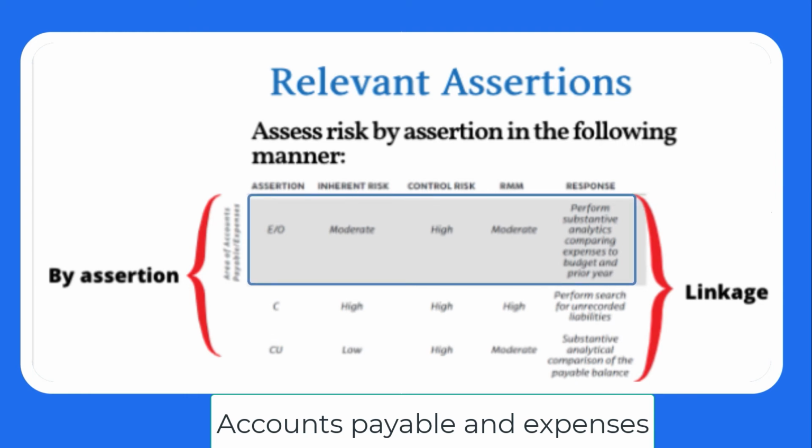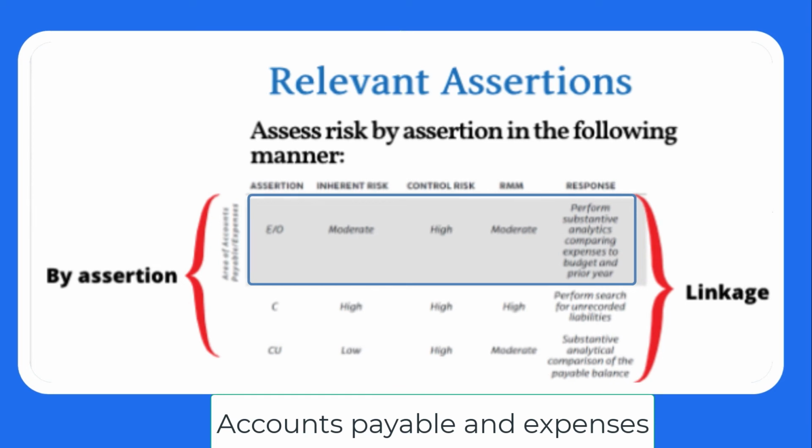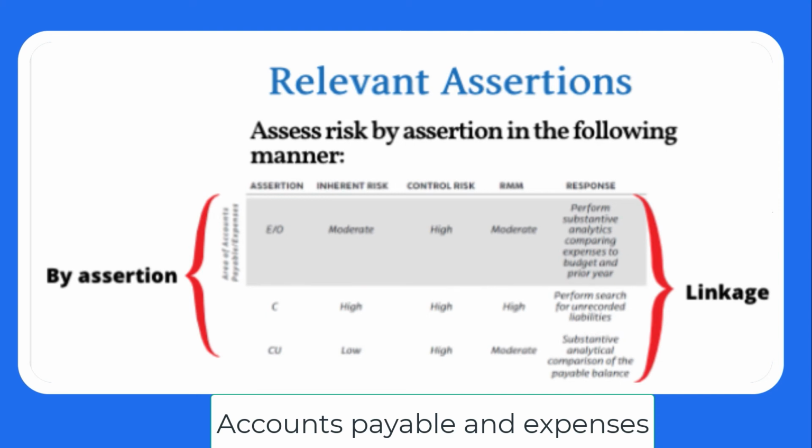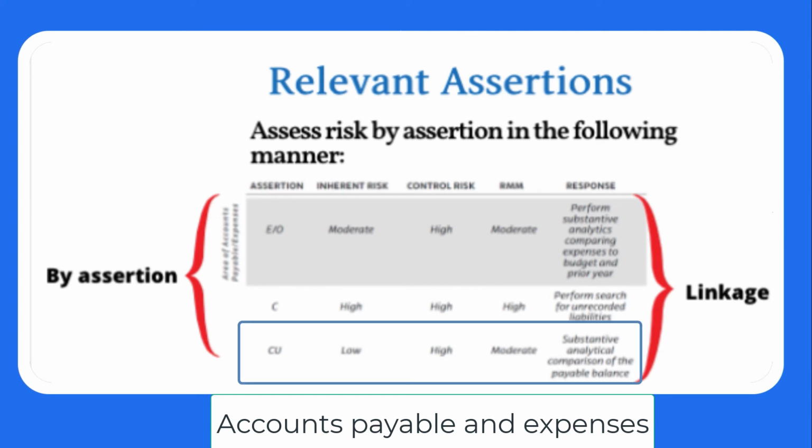For example, for occurrence, I'm doing substantive analytics and I'm comparing expenses in this year to budget and prior years. On my high completeness assertion, I'm performing a search for unrecorded liabilities to make sure that everything that should be in payables is included. And then on my moderate cutoff assertion, I'm doing substantive analytics comparing payables this year with payables in the prior years.